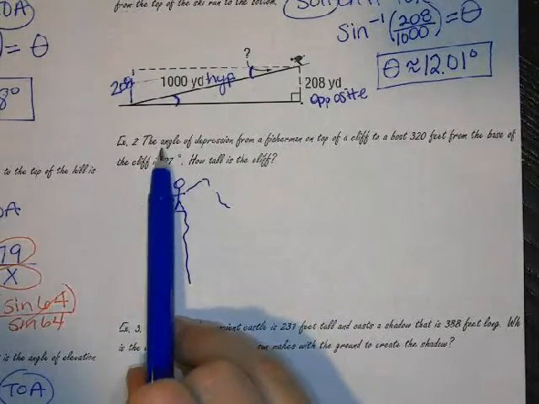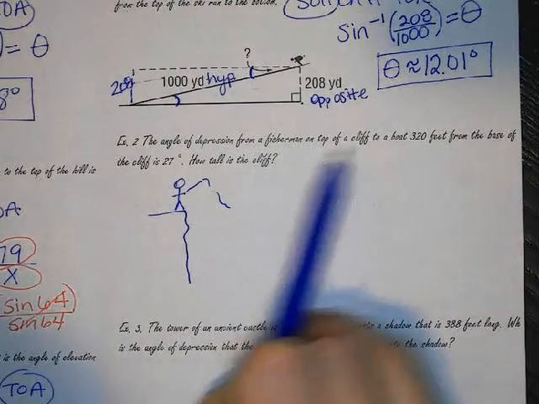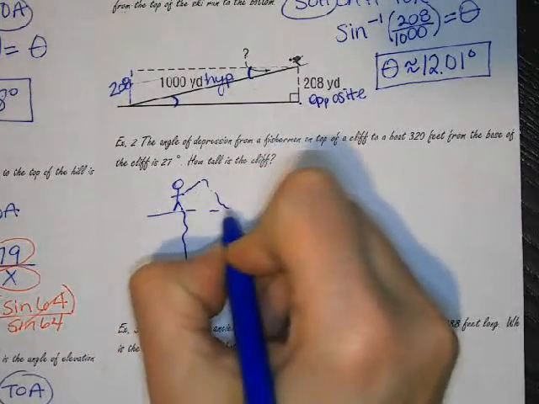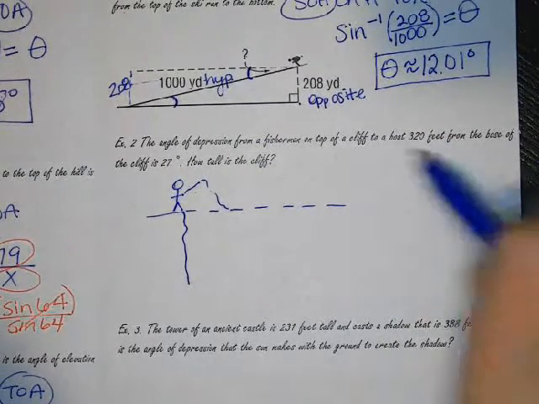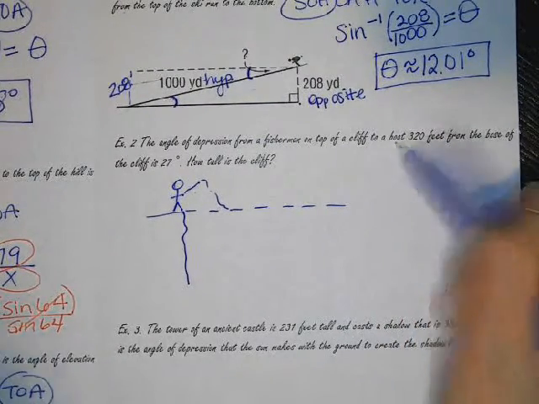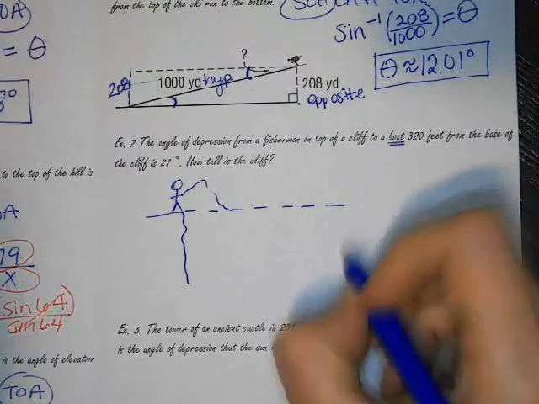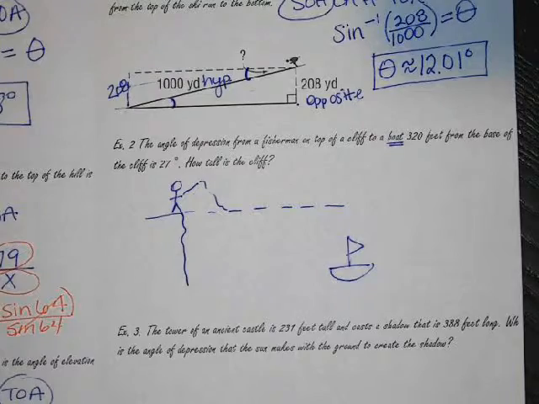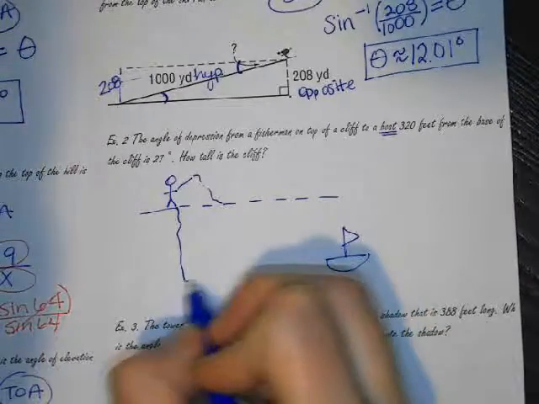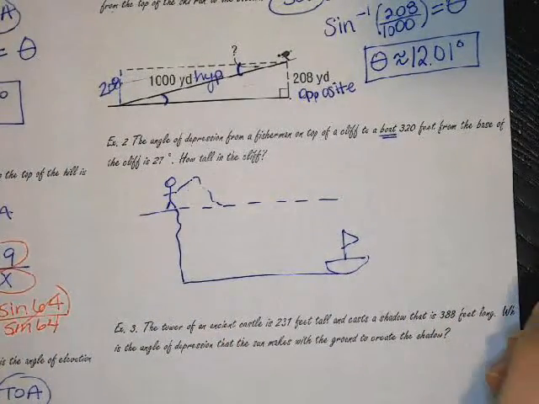Oh, sorry. The angle of depression from a fisherman on top of a cliff. So we're going to go ahead and put our horizontal line here. And it says to a boat. I forgot, I didn't see the boat part, sorry. To a boat. So we put our boat down here. There's our boat. 320 feet from the base of the cliff.